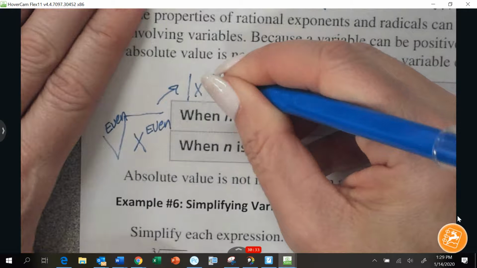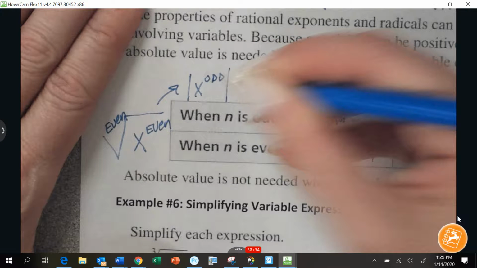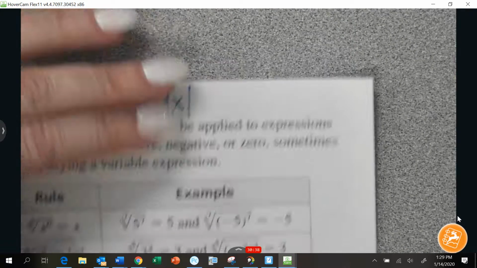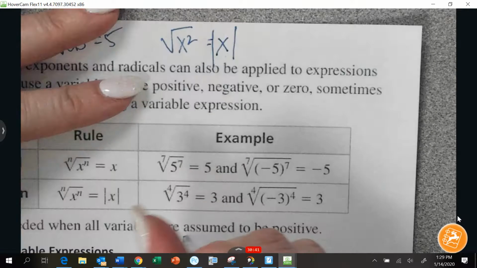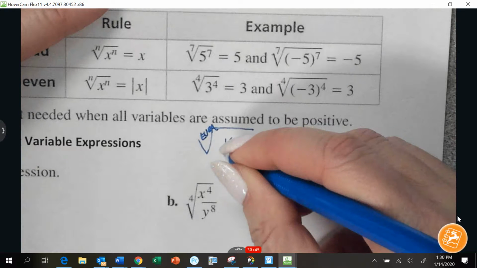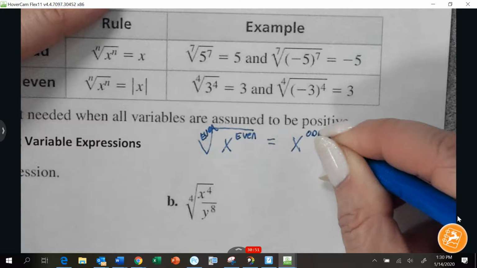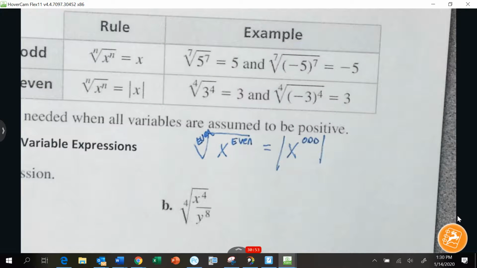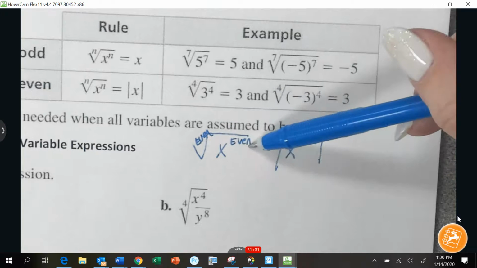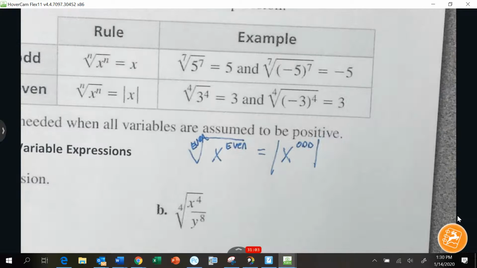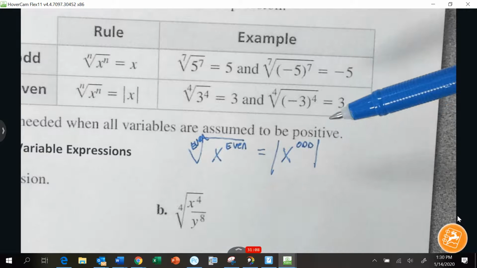And this is an odd. I'll write it again over here. Maybe I don't have more space. I'll write it right here. An even root and you have an even power, and when you take it out, you have an odd exponent. That's when you need absolute value. So even, odd is my trick. Even, odd. This only happens with variables. If you have even, comes out odd, you will need absolute value around that. If it's anything else, you won't need absolute values.